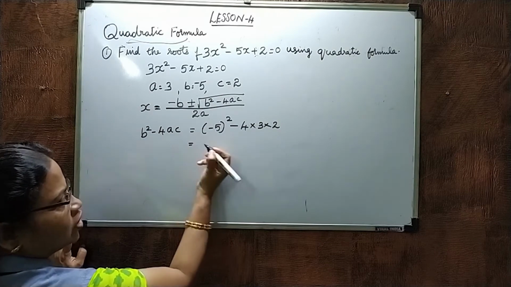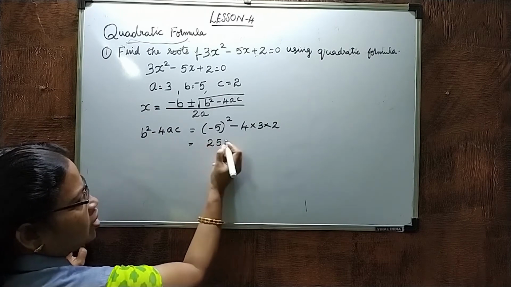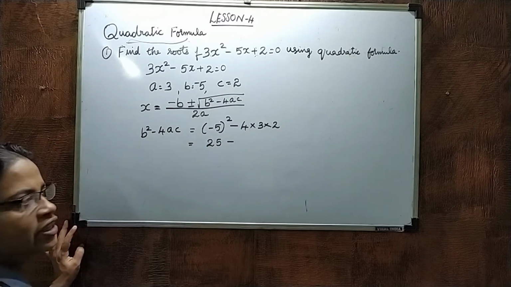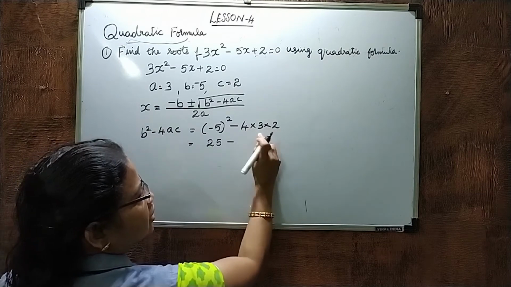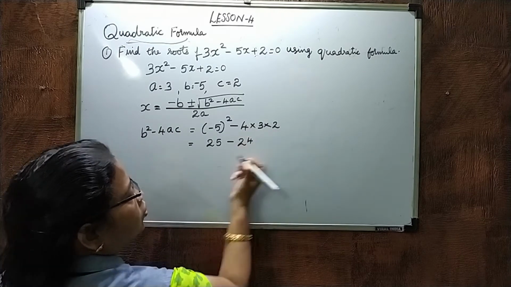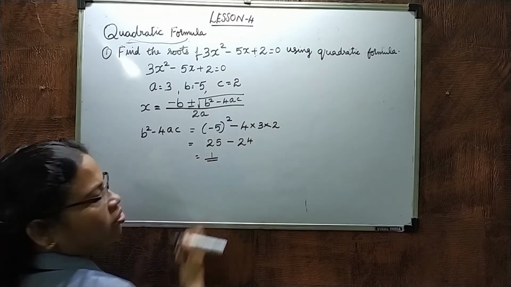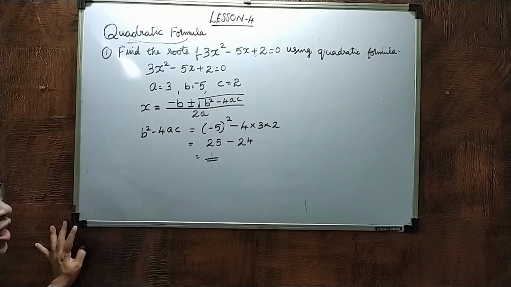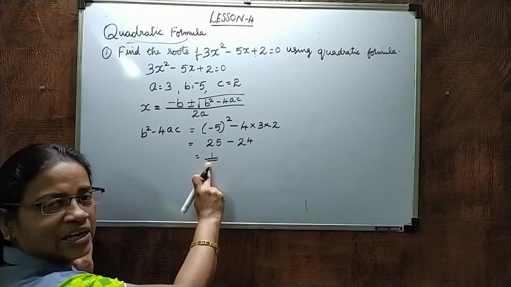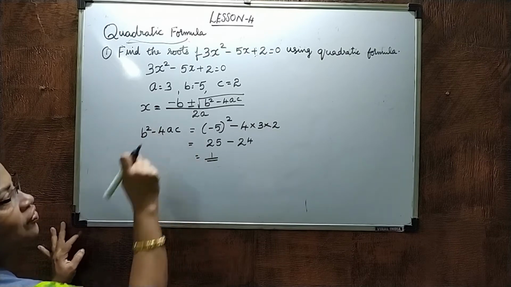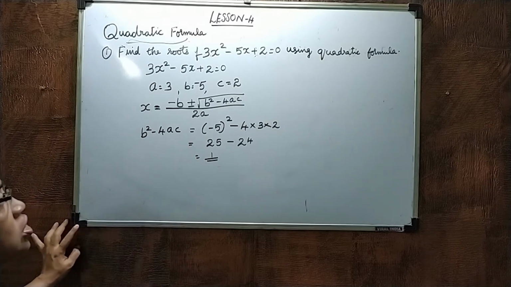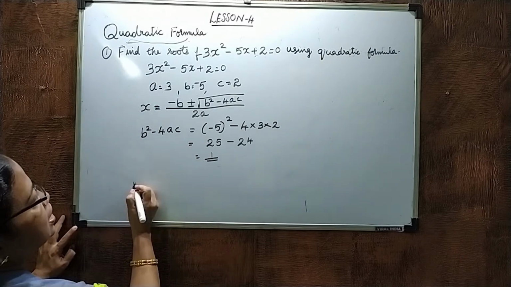So negative 5 the whole square, what will you get? 25 minus, what will you get then? 4 into 2 is 8, 8 3s are 24, equals 1 you got. Right? That means 1 is greater than 0, so we can find out two real roots.